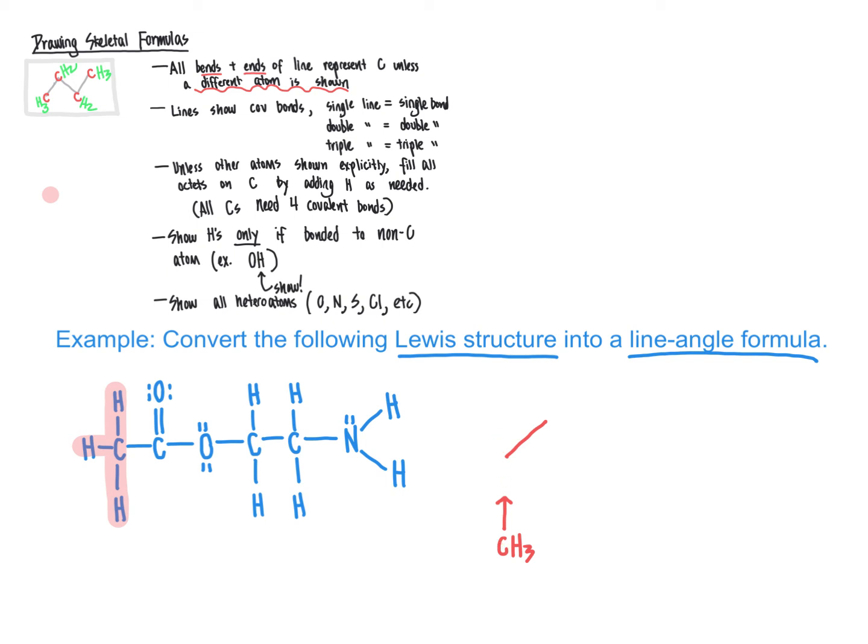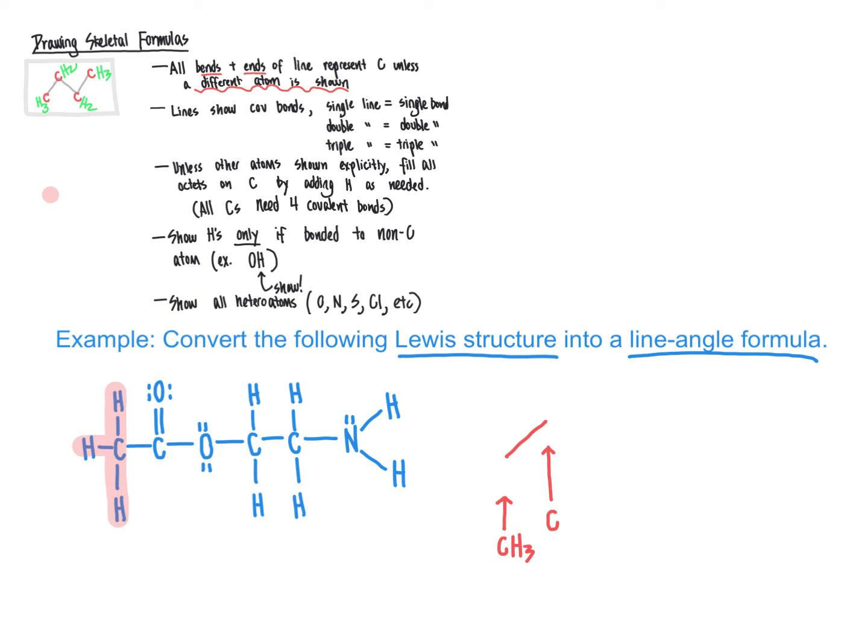We come to the next spot in the line. Connected to that CH3 group is a carbon, and that carbon is connected to two oxygens here and here. So we're going to fill in that carbon atom as the other end of the line. That end right there represents the next carbon in the chain.